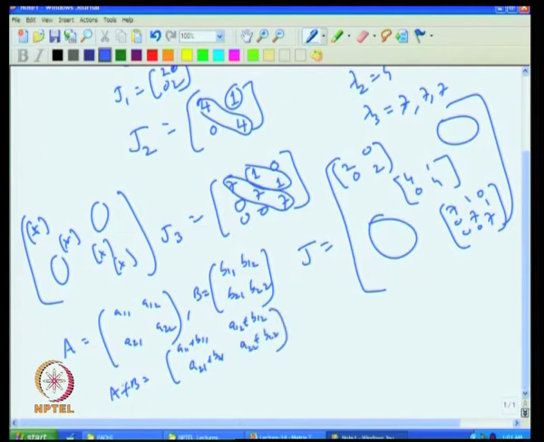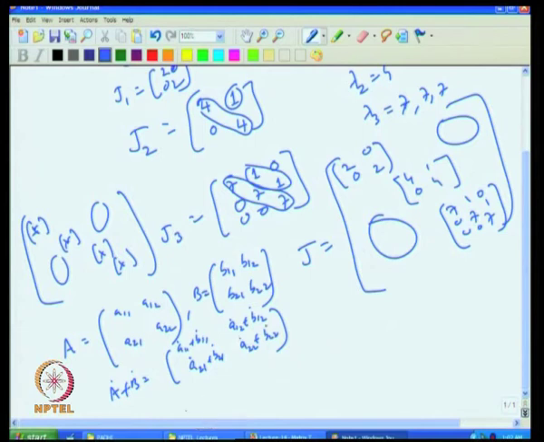If I talk about the derivative of that, this is d by dt of this quantity a plus b. I can divide the whole quantity into elements: a11 dot plus b11 dot, a12 dot plus b12 dot, and so on.